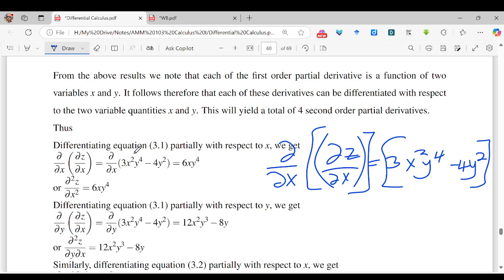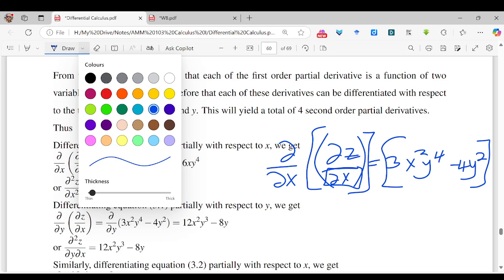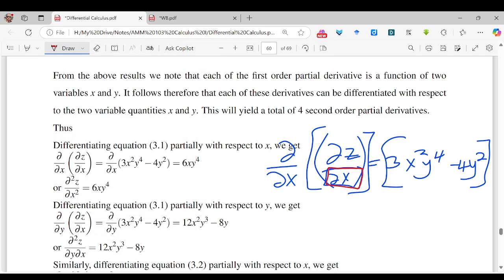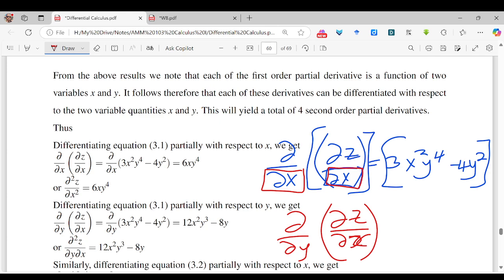Notice that this one is obtained by first differentiating z partially with respect to x, and then again partially with respect to x. But we could take the same function, the partial derivative of z with respect to x, and this time differentiate partially with respect to y.